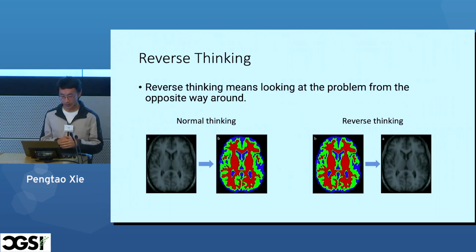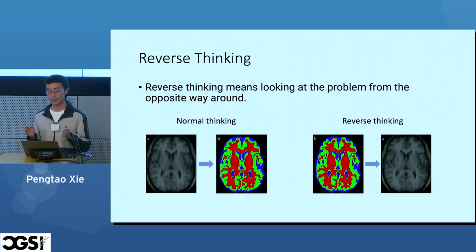So the example that I just presented is actually inspired by reverse thinking, right? In the normal thinking, we have an input image, we want to get the segmentation mask. Then the reverse thinking is basically about, given a segmentation mask, can you guess what would be the input image? How does it look like?